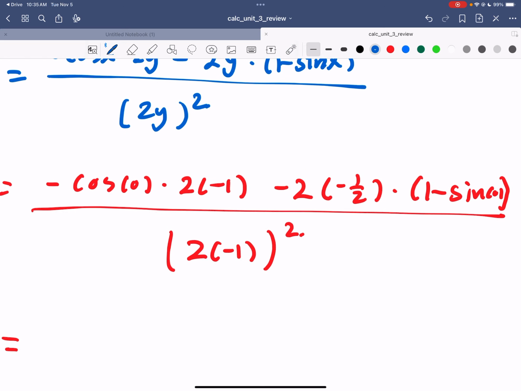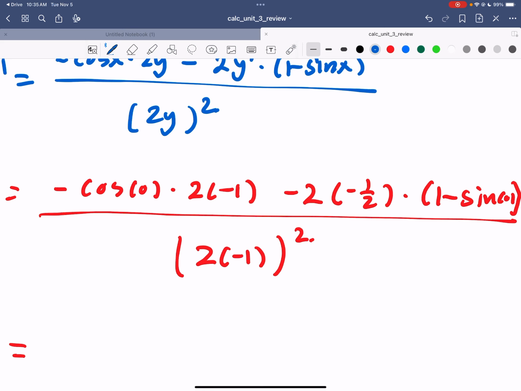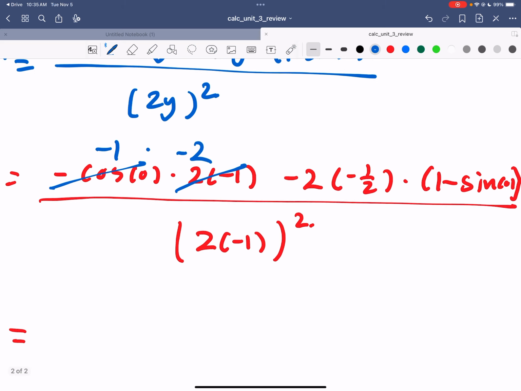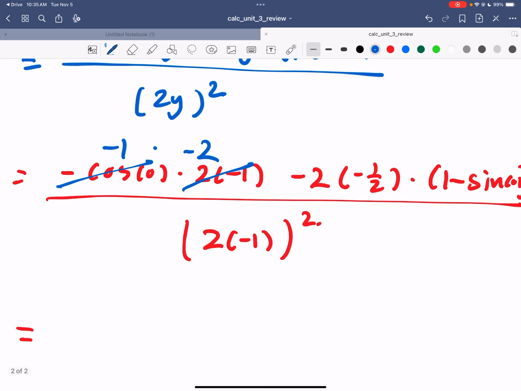But it's fun. Now negative cosine of 0 is 1, but there's a negative, so this is -1 times 2 times -1, which is -2. -1 times -2 is positive 2.